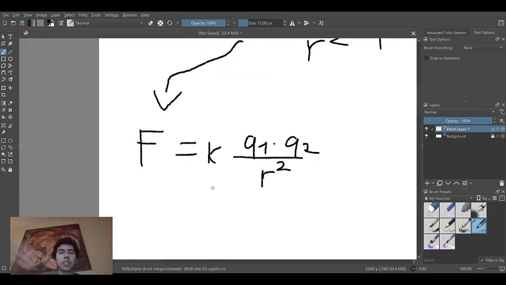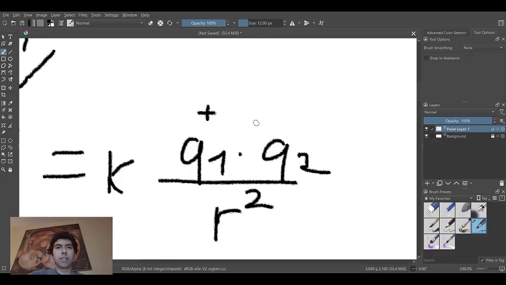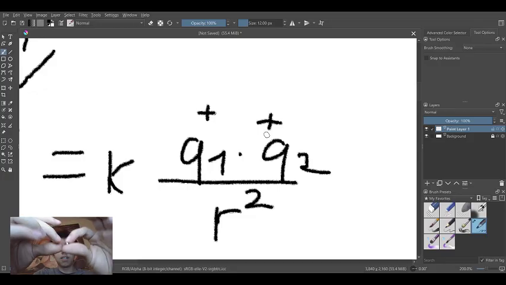And essentially what this does is indicate the force with which they will repel or attract, depending on the charge. If both are the same, they will not want to be next to each other.